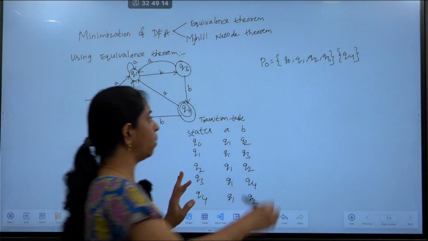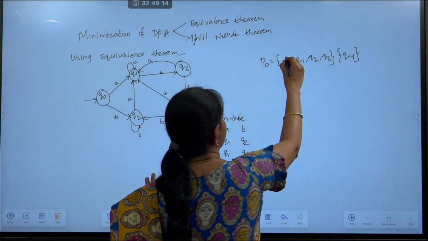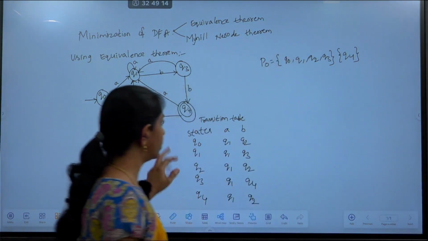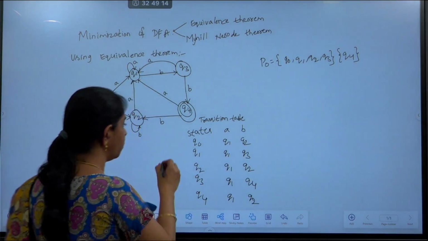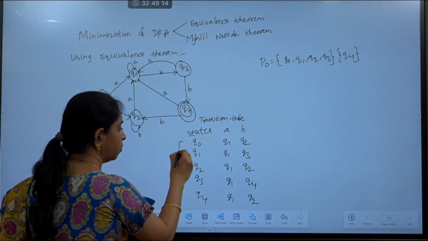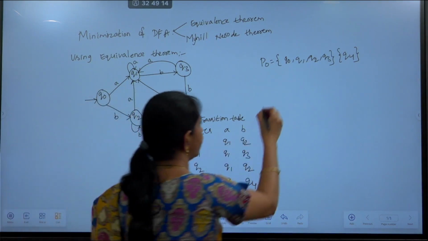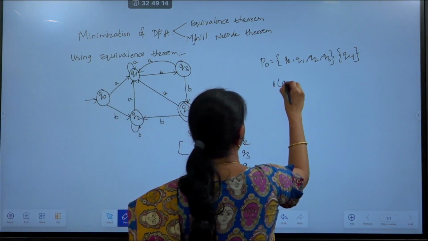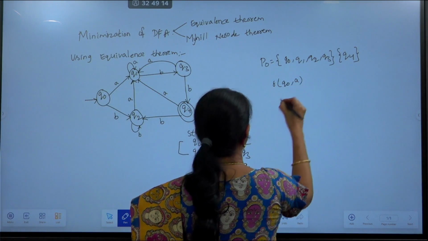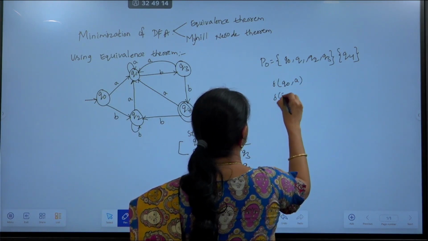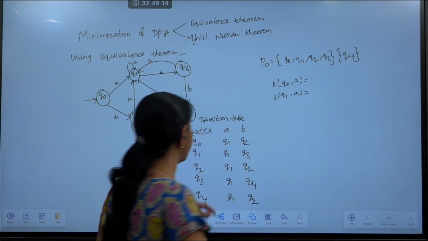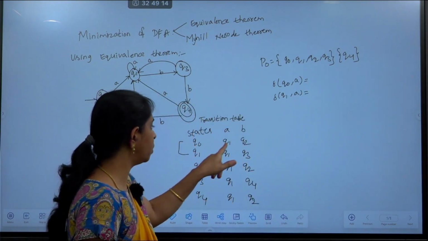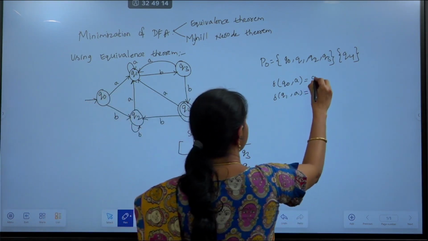Now we will compare these states on the input alphabets. First we will see one by one. We will see Q0 and Q1. We will see the transitions, delta of Q0 comma A, delta of Q1 comma A. On the first input alphabet A, Q0 on input alphabet A, the next state is Q1.